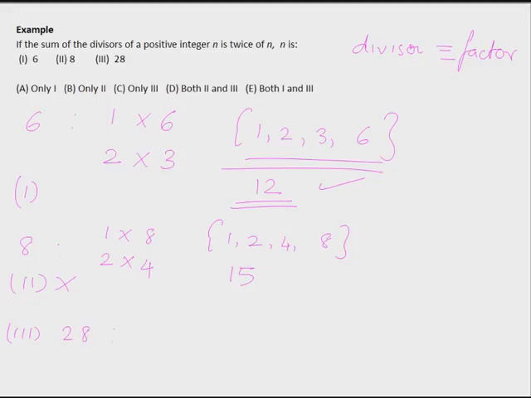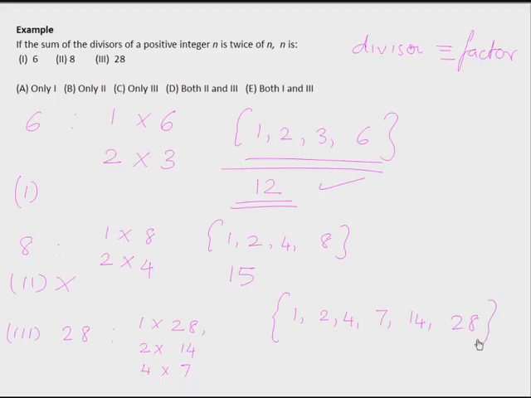How about 3? 28. What are the factors of 28? Let's list them. 1 into 28, 2 into 14, 4 into 7. And nothing more. 7 4s are 28, and there's nothing more than 4 and less than 7 that divides 28. The factors of 28 are 1, 2, 4, 7, 14, 28.